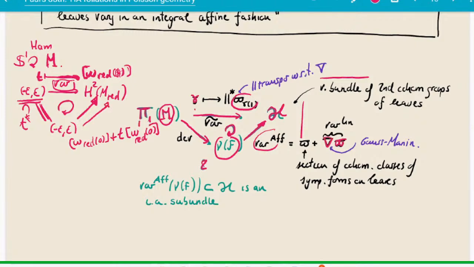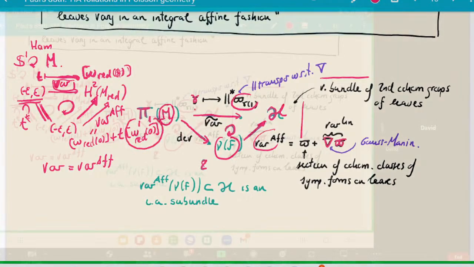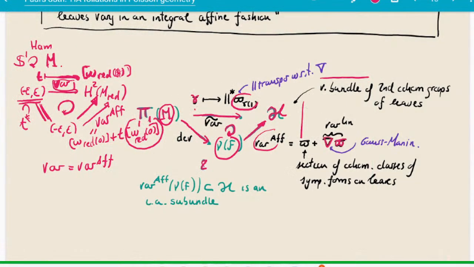And the commutativity of the diagram is telling you that the variation, call this var affine if you want, that the variation of cohomology classes is affine. And then you have to take that slope, which if you want is a Chern class, and just remember that this Chern class is integral, of course.